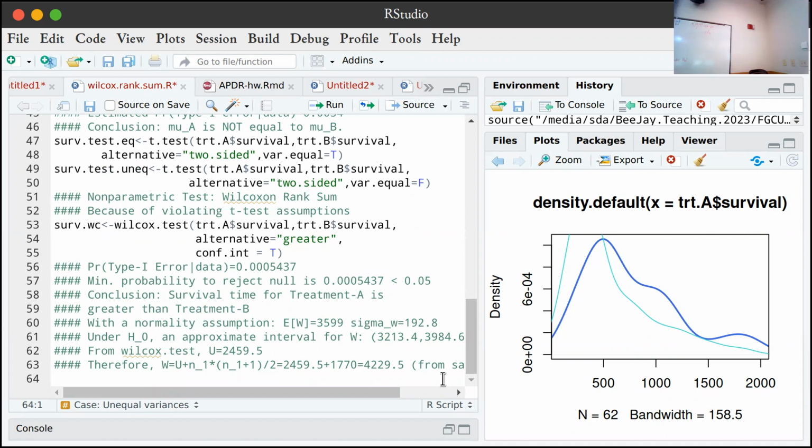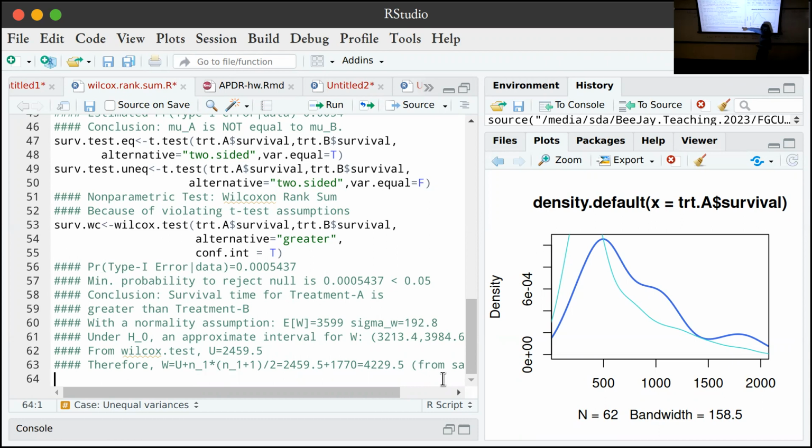So under the null, pay attention. Under the null, I should expect values for W between those two endpoints. I am getting an answer of 4,229.5 based on the sample. So does the sample have evidence toward the null? No. Very good.